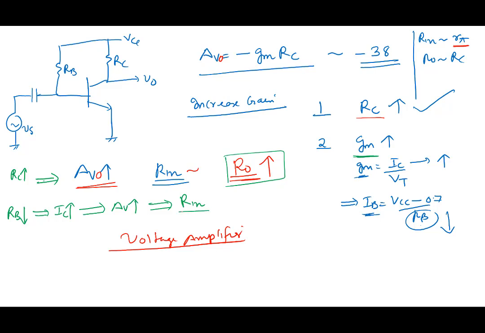What will happen to Rn? If IC goes up, Rn is R pi. R pi is what? Vt by IC. So Rn actually goes down and R0 remains the same. So again you improve the gain, but this time Rn goes down.